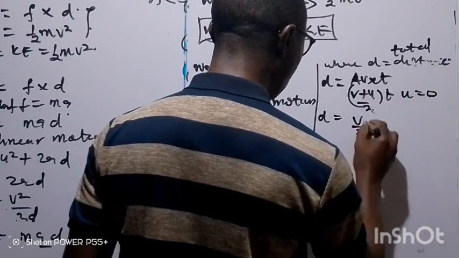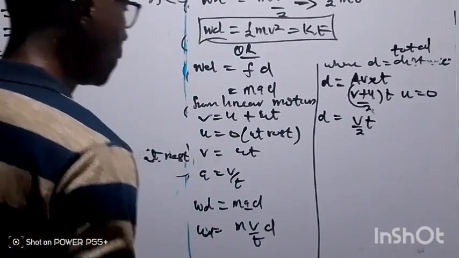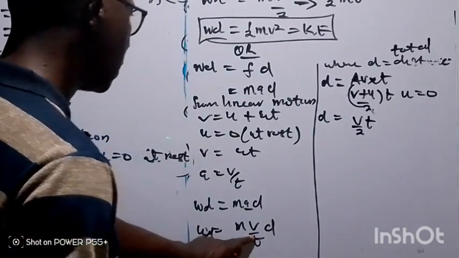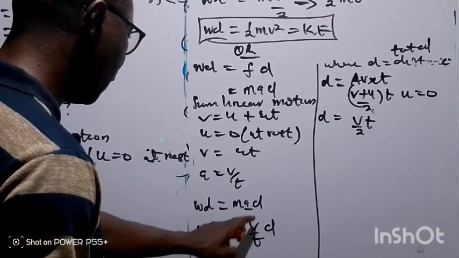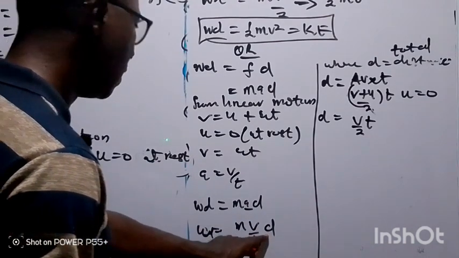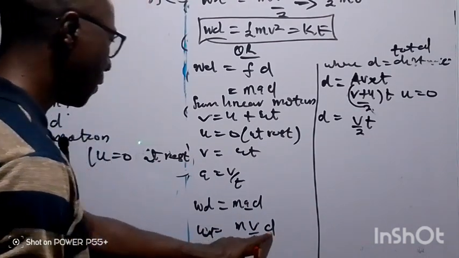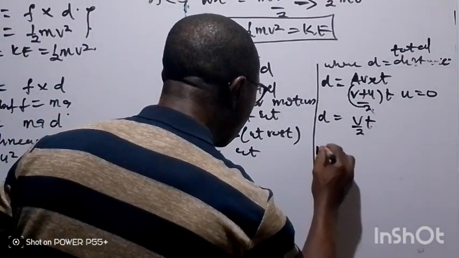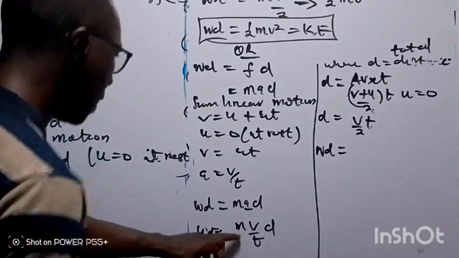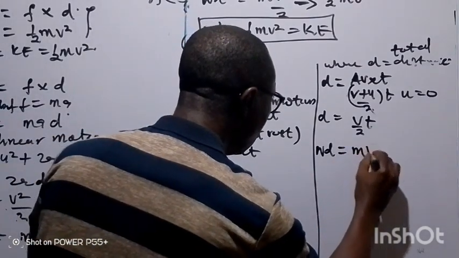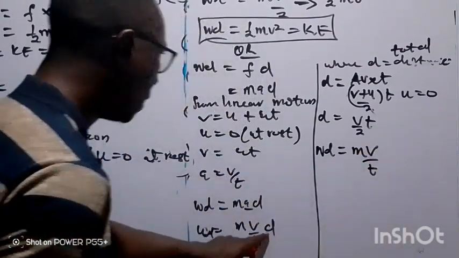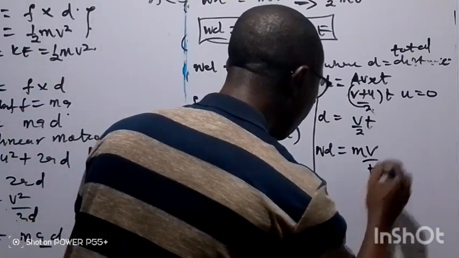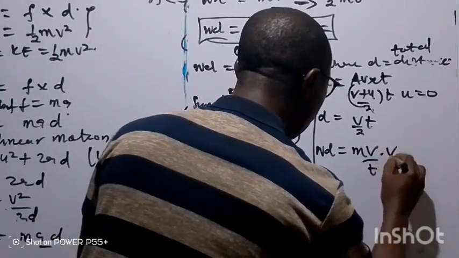So you have V over 2T. From there, since work done is equal to MV over TD, now remove D here and put V over 2T. So we are going to have our work done equal to M into V over T, then multiplied by V over 2T.